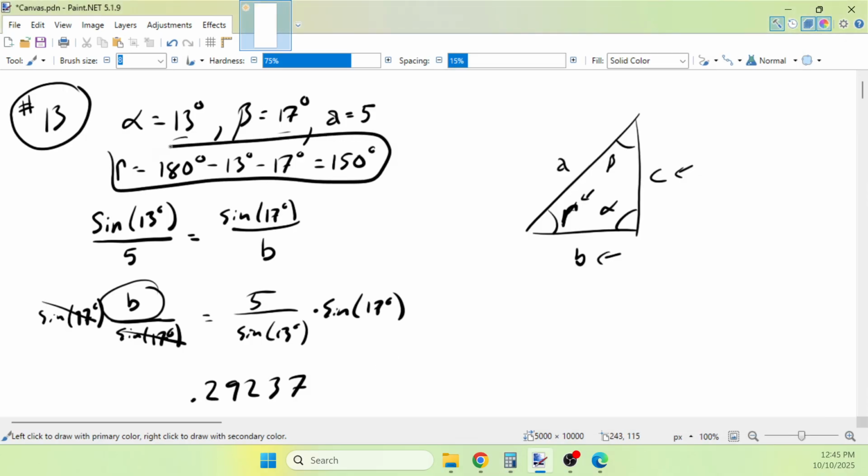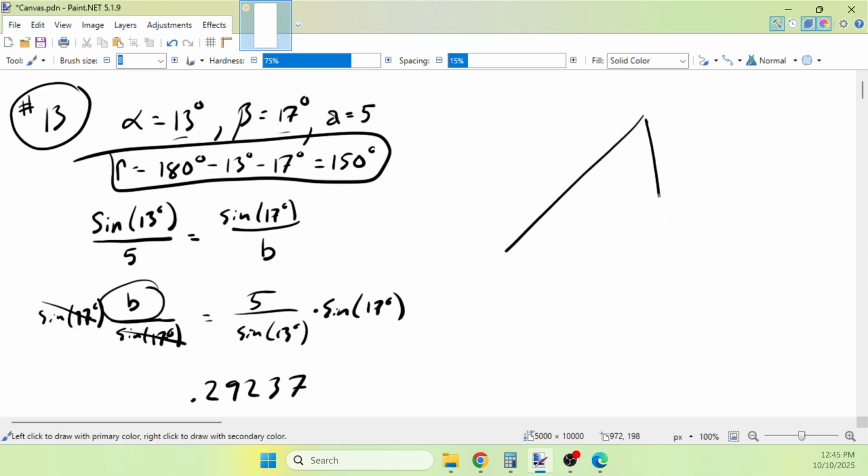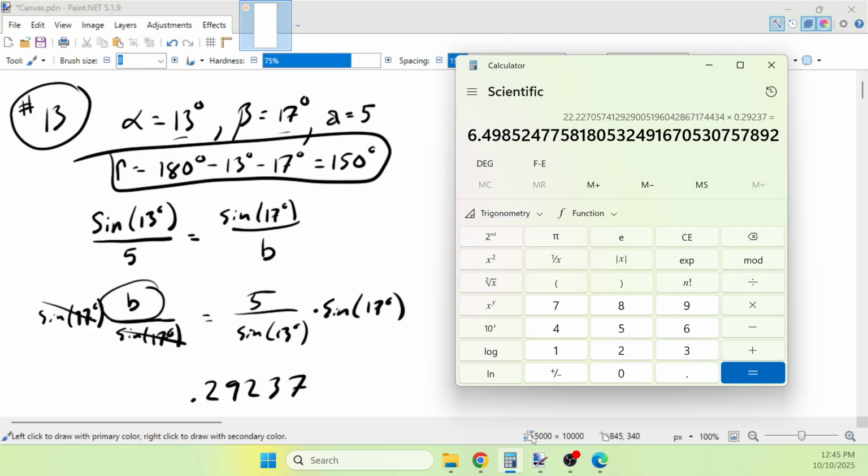We found gamma. Here, this side is 5 because it was given to us, and this was whatever our calculator gave: 6.498.